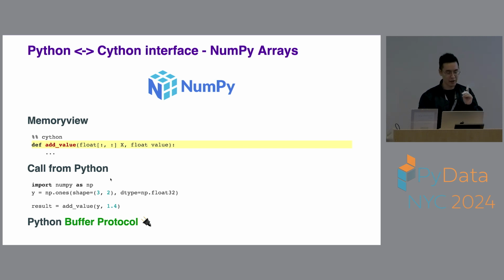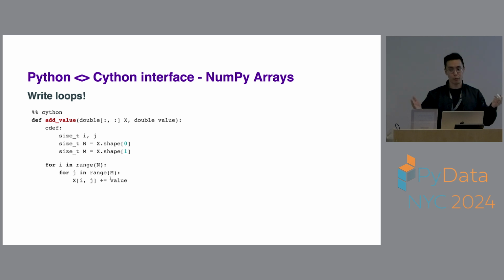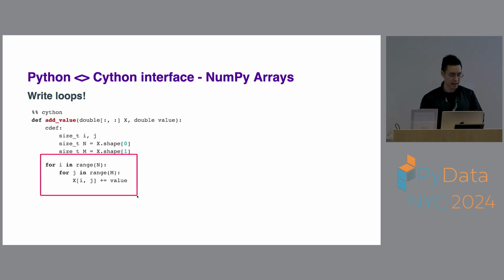The neat thing about this add value is that you can start writing loops. Normally in Python, people recommend never to do this, but in Cython you can. It's fine because it's going to be compiled down, and you can write loops with your two-dimensional arrays, and everything is fast. So it's very useful. I'm writing loops, just adding a value to an array.